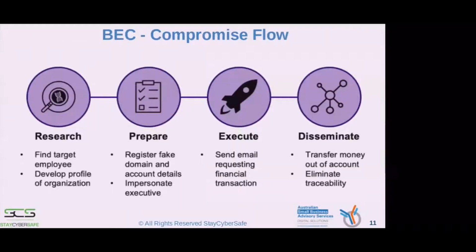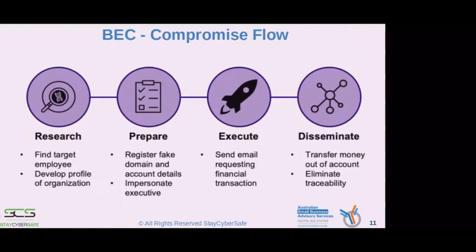Again, this is just a flow. The scammer will research and look for that potential target. They will build a profile of the target or the organization, and then find the target from there. And they will use phishing. With phishing, you are aware of the fake domains that are used, and they will use fake account details.